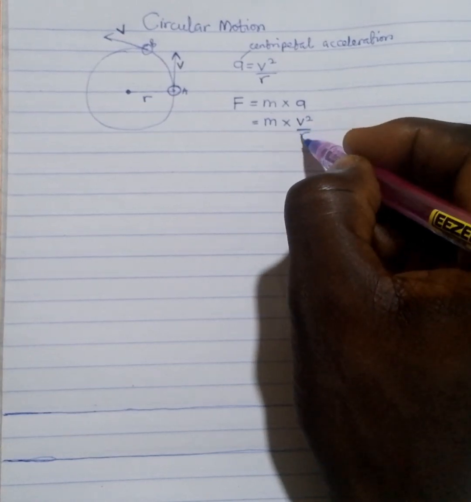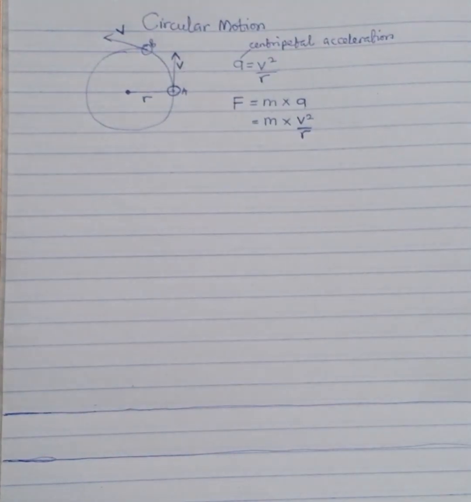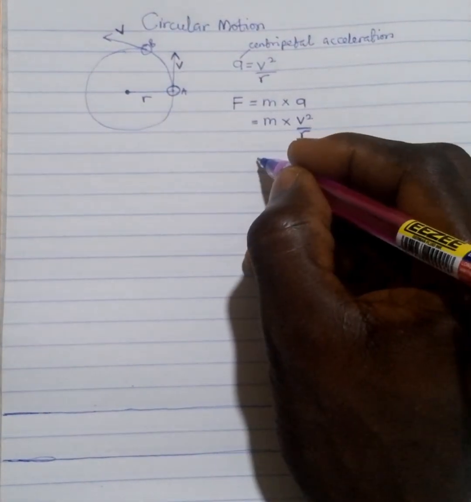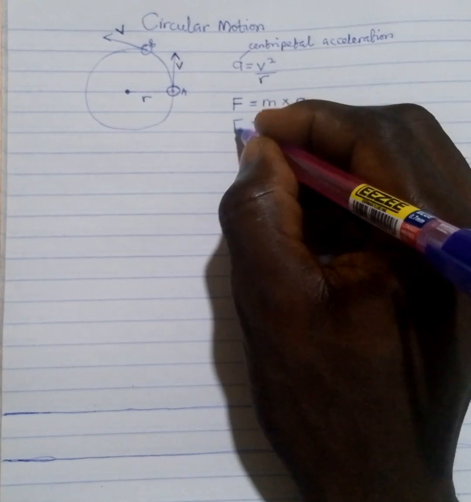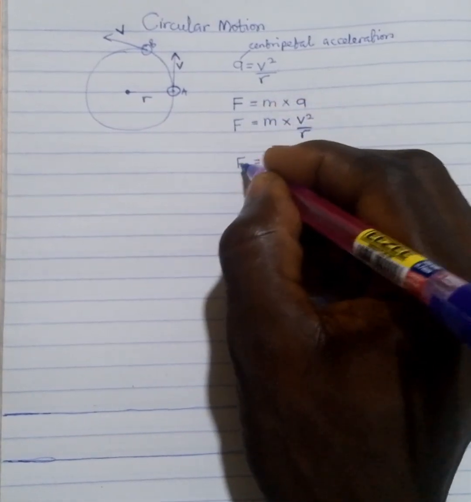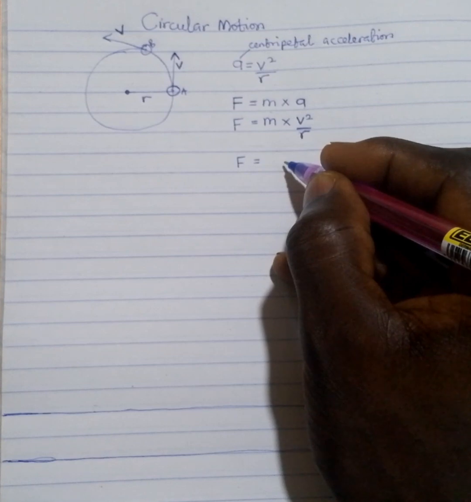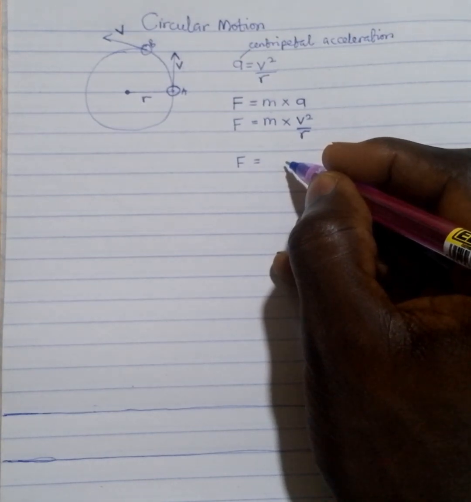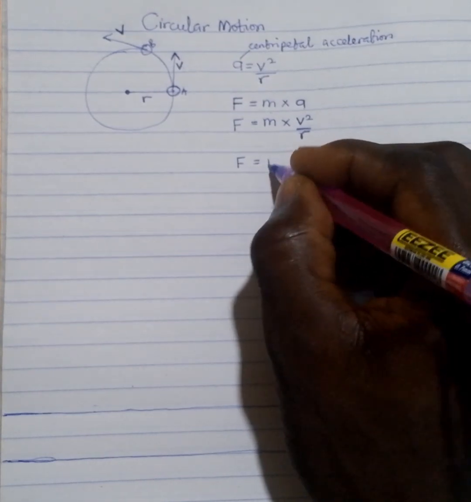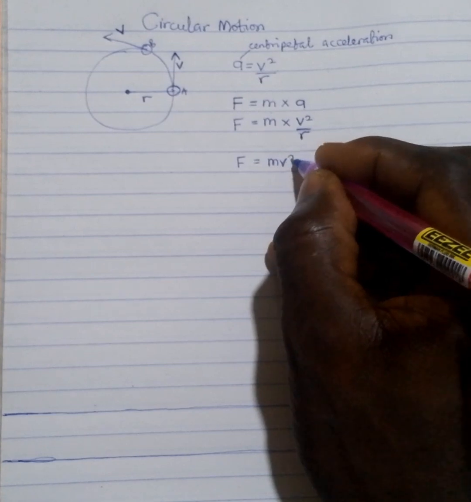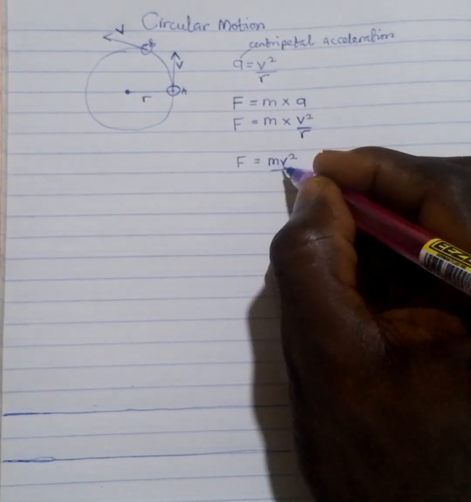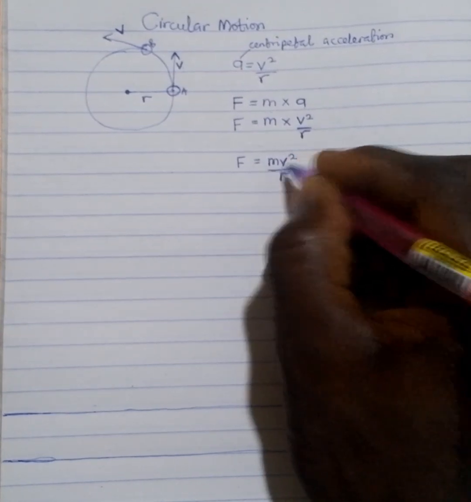So the force that will be experienced by this stone that is whirled in a circular pattern will be m v squared divided by r.